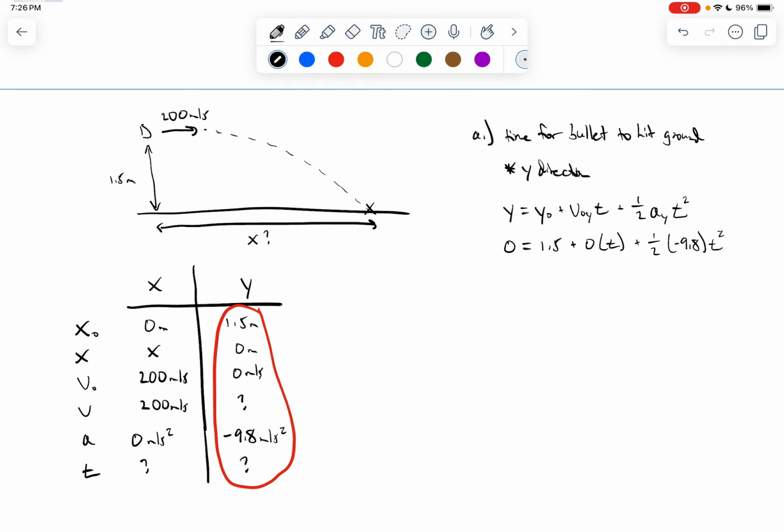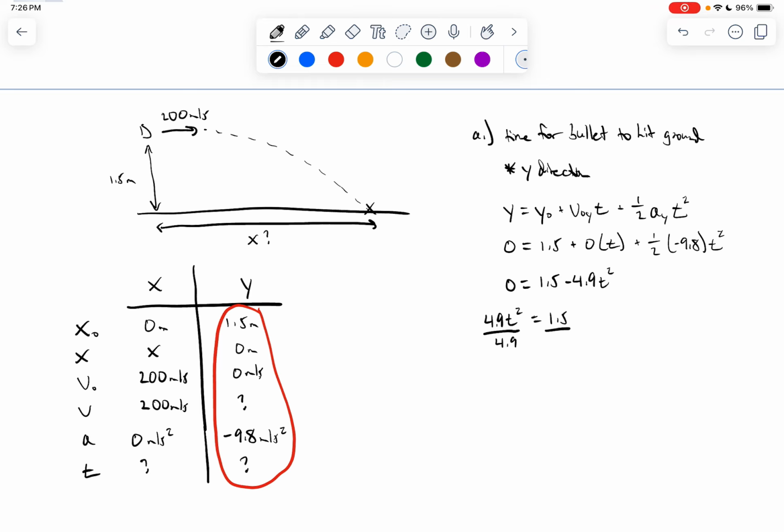Simplifying this, we have 0 is equal to 1.5. Again, 0 multiplied by t goes away, so we're going to have then minus 4.9 t squared. So it's just completing the algebra. 4.9 t squared, when we add it over, is going to be equal to 1.5.